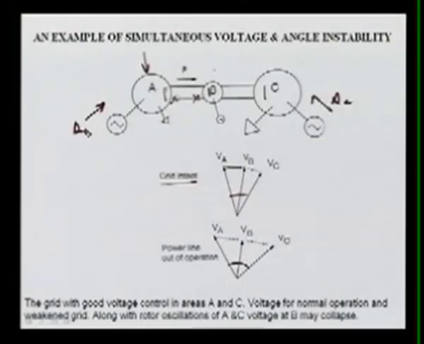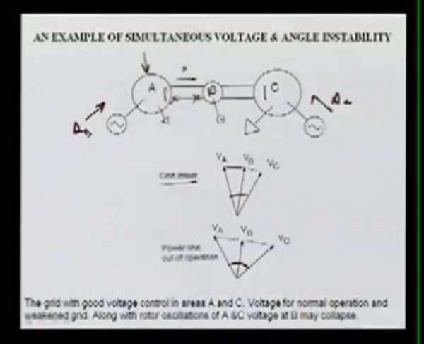Because the impedance X is more here, to transmit more power delta is separated more. So the delta is more, and also the voltage at B is reduced. So here is a combination of voltage as well as angle instability.